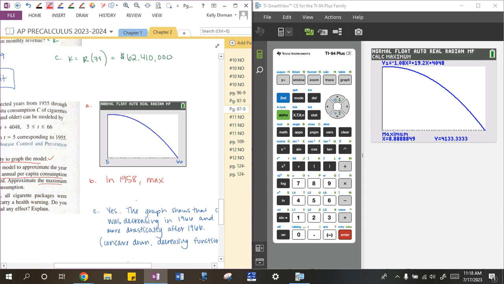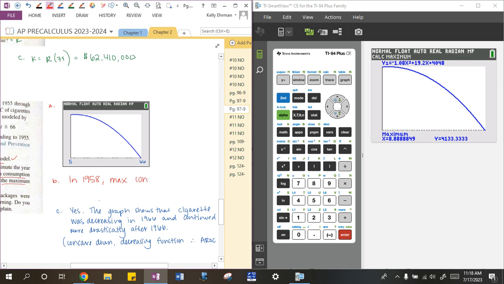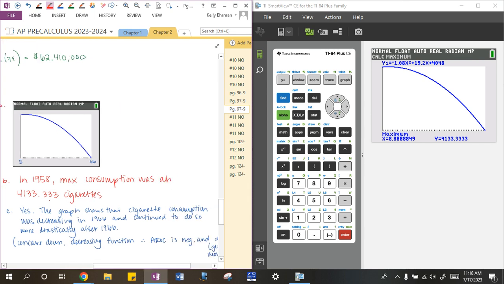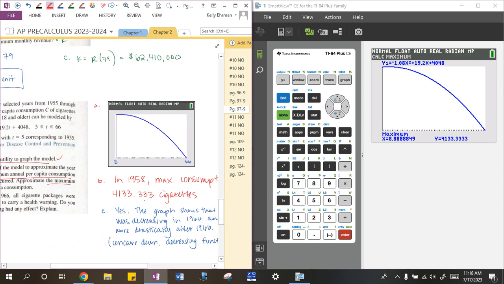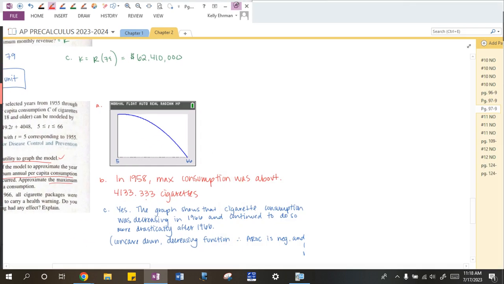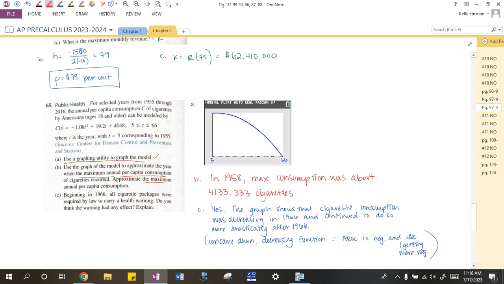The maximum, I'm just going to call it consumption, was about 4,133.333 cigarettes. I guess you could argue that you could consume a third of a cigarette maybe, but won't get into that.